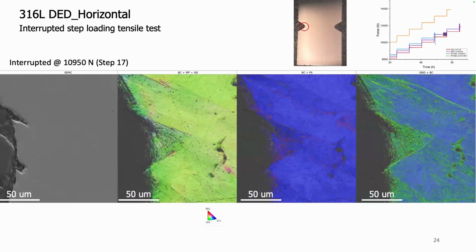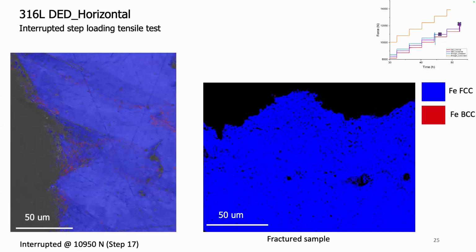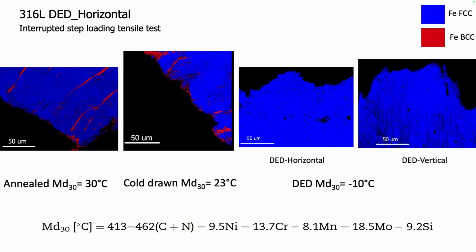And for the horizontal, we see some red zones, but I would say that this is a misindexation, because when we take a look at the fracture, we did not observe any. So that's basically the maps of the different conditions, the different samples.